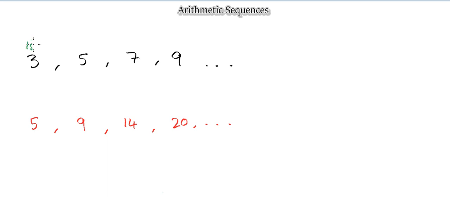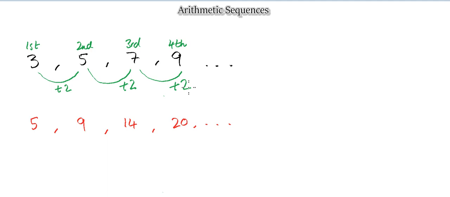Let's just say that it's my first term, that is my second term, that's my third term, and that is my fourth term. So the difference between the consecutive terms, the first and the second term, the difference is plus 2. Difference between the second and the third term, plus 2. And third and the fourth term is also plus 2.